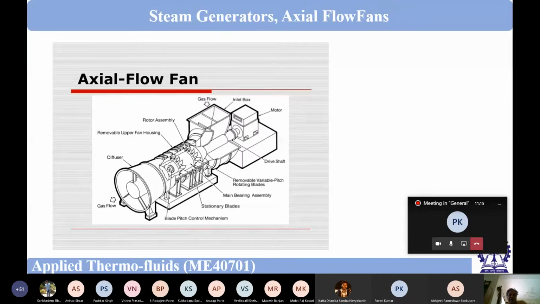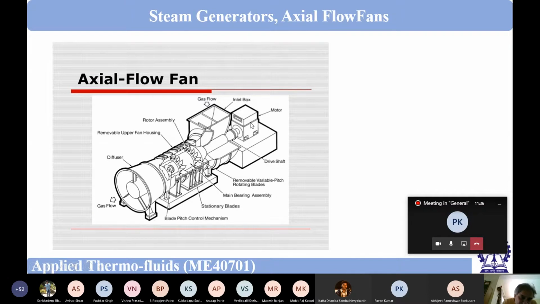So this shows the axial flow fan. And this is a two-stage axial flow fan. Please try to understand. Here you can see one row of blade, and here we can see another row of blade. And this is the inlet, this is the motor.